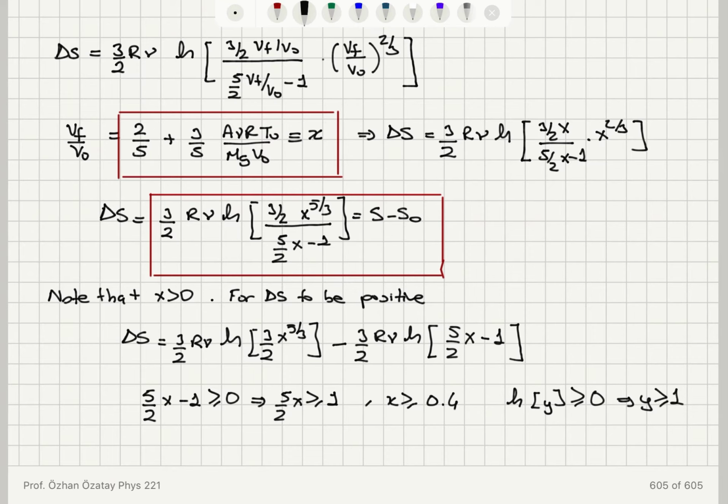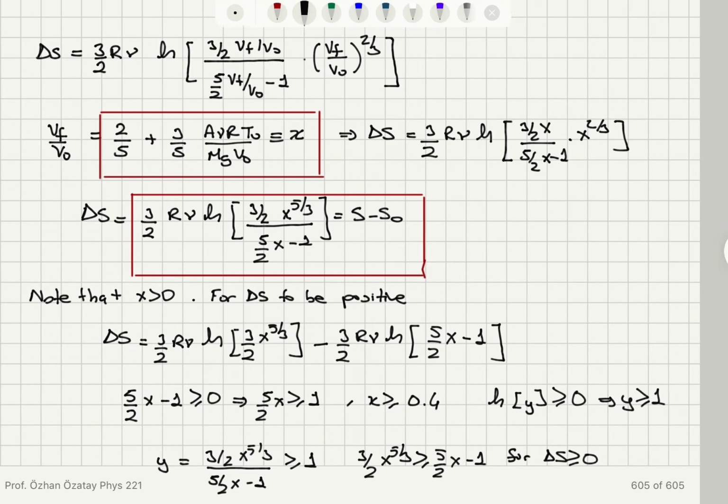So in this case y is equal to 3 over 2 X to the power 5 over 3 divided by 5 over 2 X minus 1, which should be greater or equal to 1, and therefore 3 over 2 X to the power 5 over 3 should be greater or equal to 5 over 2 X minus 1 for delta S to be greater or equal to 0.